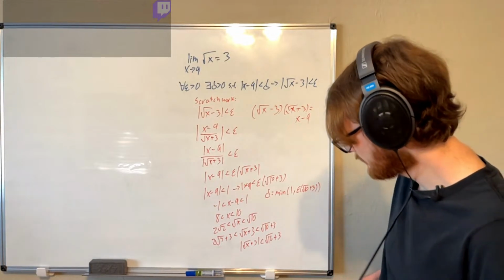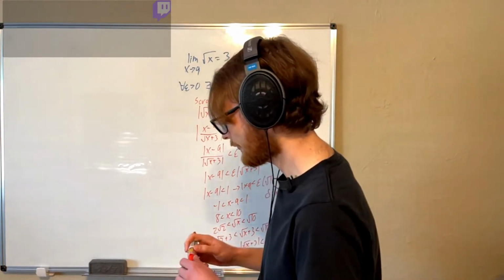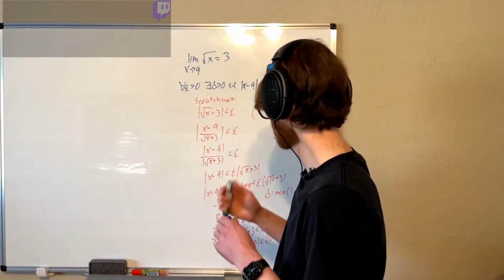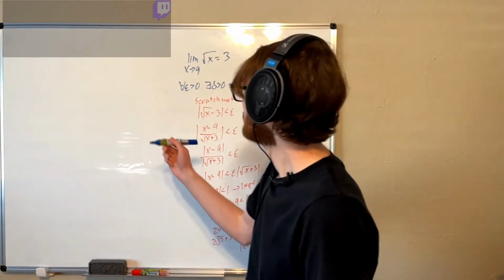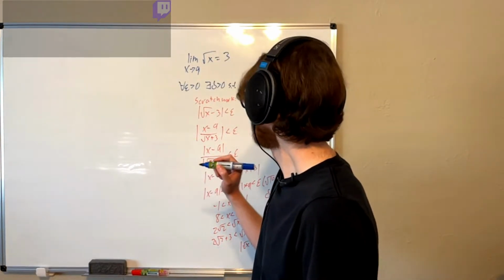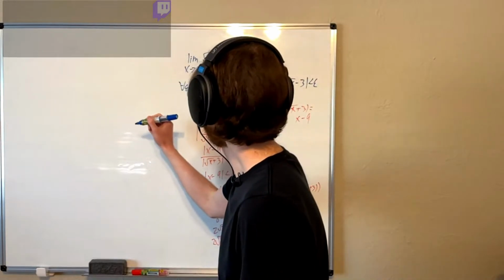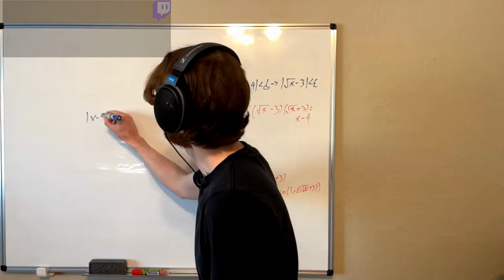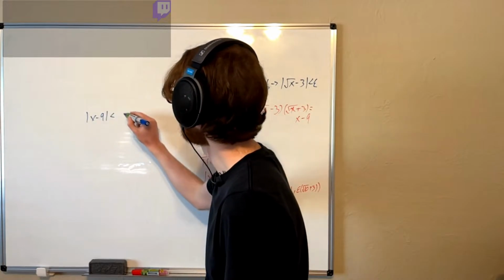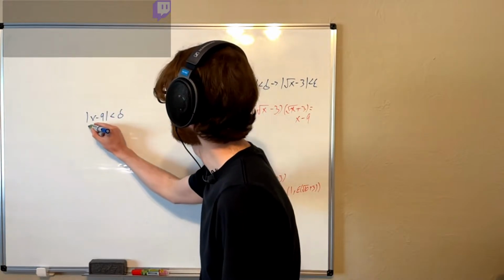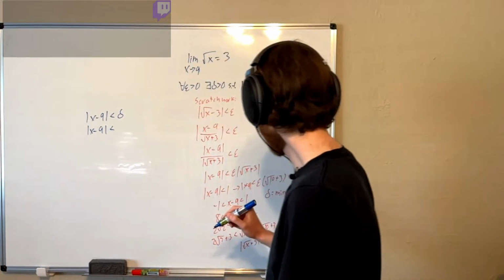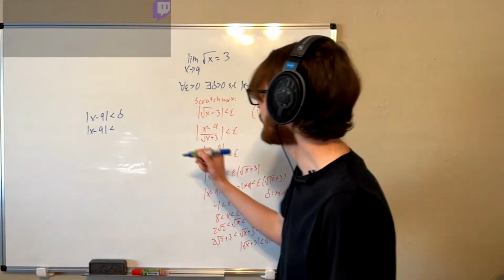Okay. So now let's do the actual, I guess, proof part. So here we start with x minus 9 is less than delta. And then our choice of delta is epsilon times root 10 plus 3.